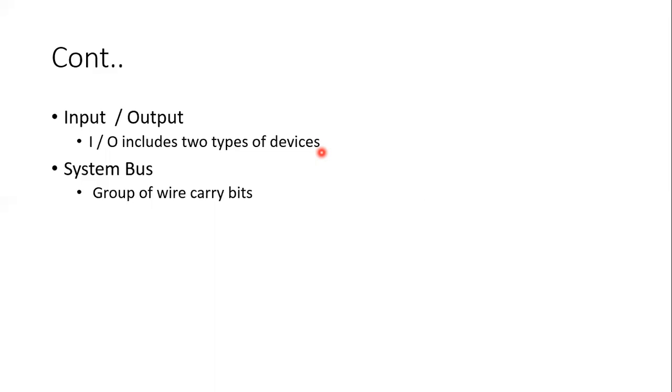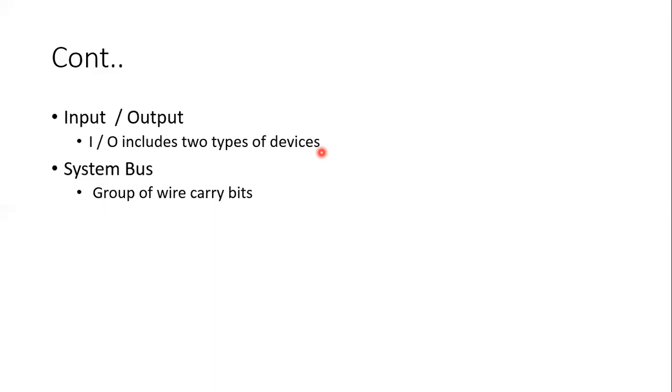Then the microprocessor keyboard uses the hexadecimal values to get the input. Then the output devices transfer the data from the microprocessor to the outside world. This includes LED, then CRT, cathode ray tube, or video screen, printer, etc.